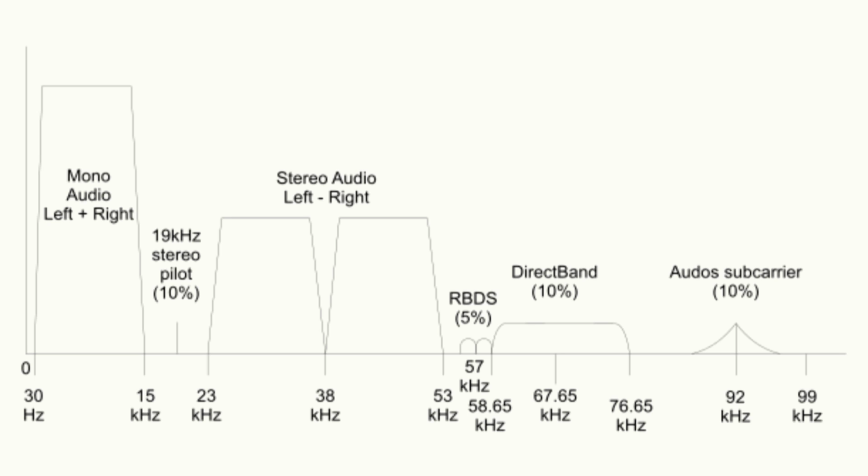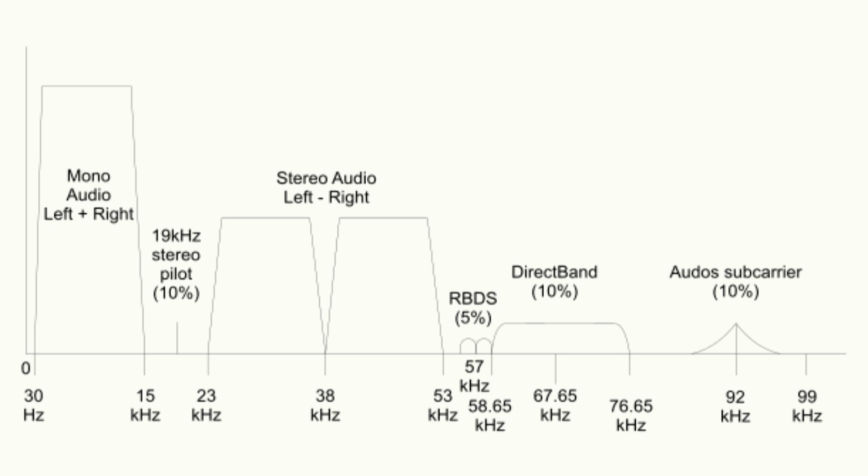That's on a 57 kilohertz subcarrier, which wasn't always used for that, because before RDS became popular, that was a third SCA channel that could be used for subsidiary communications. But the main ones were centered around 67 kilohertz and 92 kilohertz.